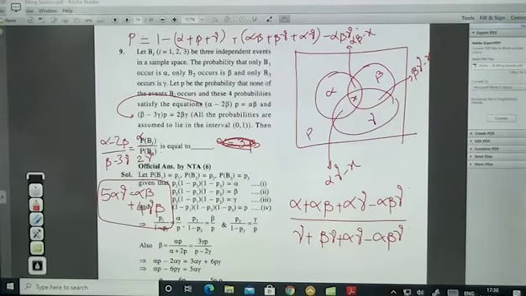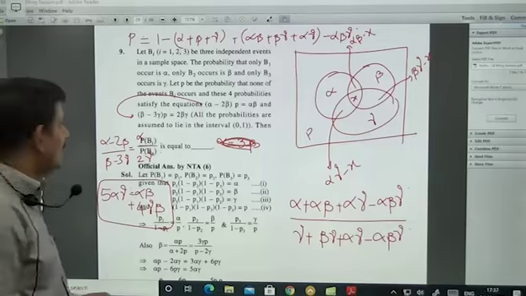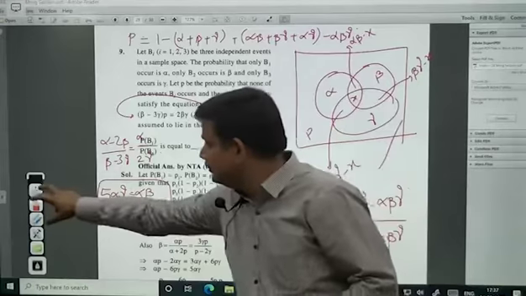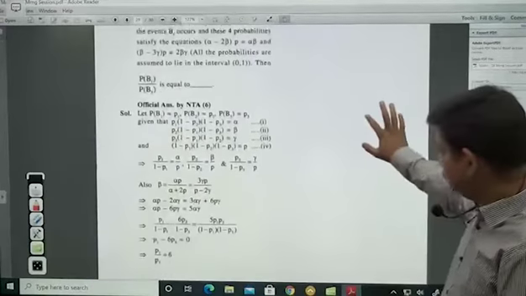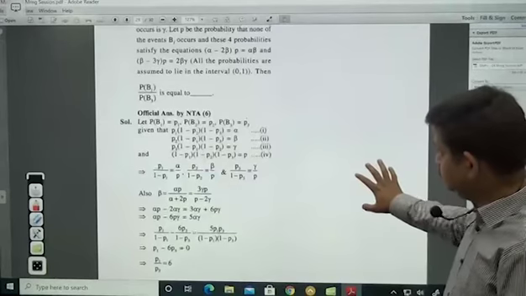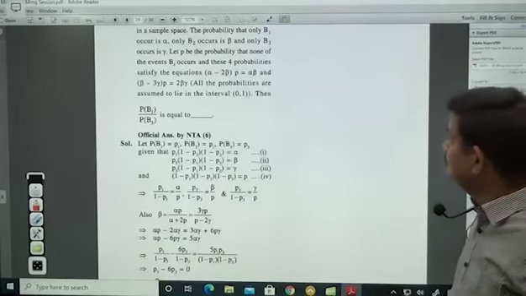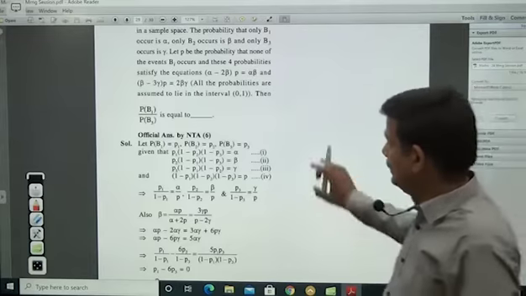But how will that be useful? I would leave this question even if it is for 10 marks. Let's see, let's complete and get back.